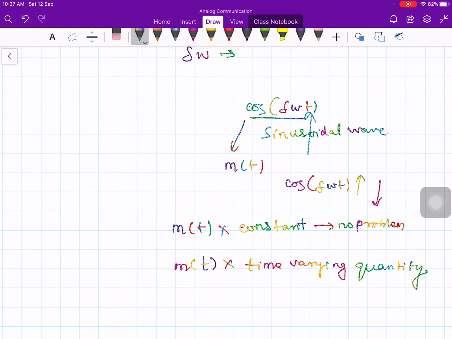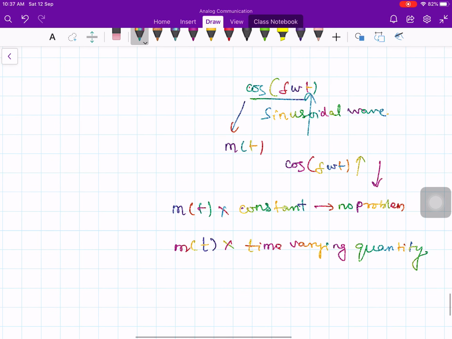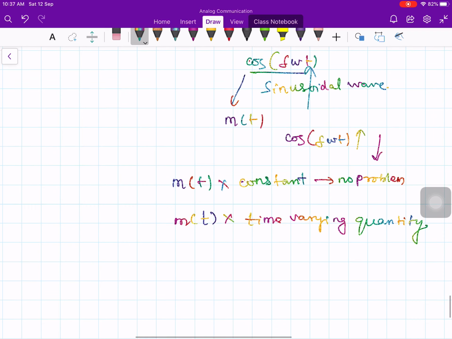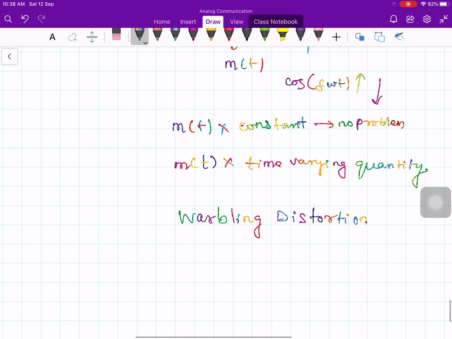That will give the distortion. Therefore, you will get a distorted version of the actual signal, and this kind of distortion results in what is called warbling distortion. So this is a kind of warbling phenomenon. Amplitude going up and down is called a warbling effect.